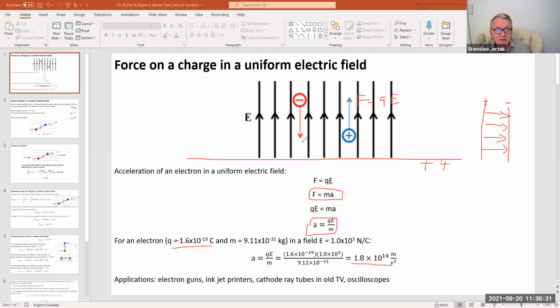So beams of electrons or other particles, other ions, are used in cancer therapies. Or another example might be inkjet printers, where droplets of ink are charged and then accelerated in an electric field. Or there are many other devices in which either ions or some particles are accelerated to very high speeds.